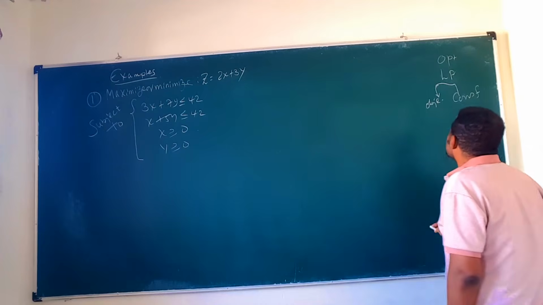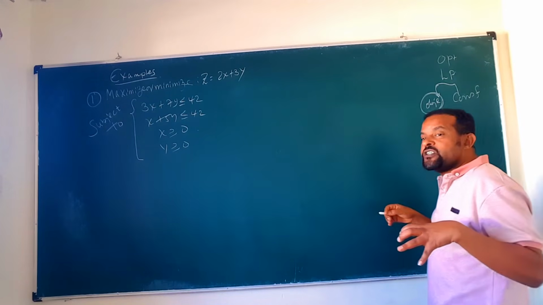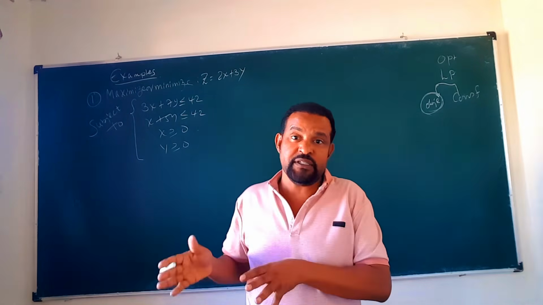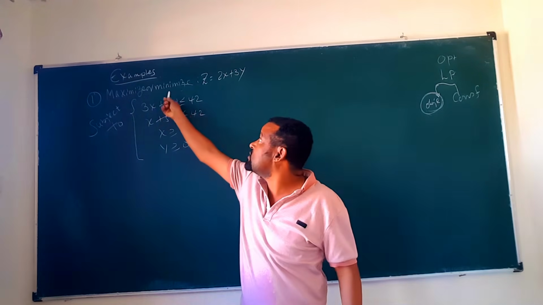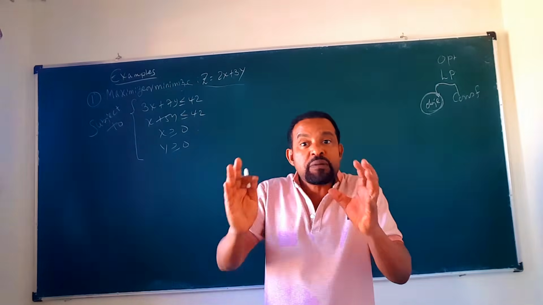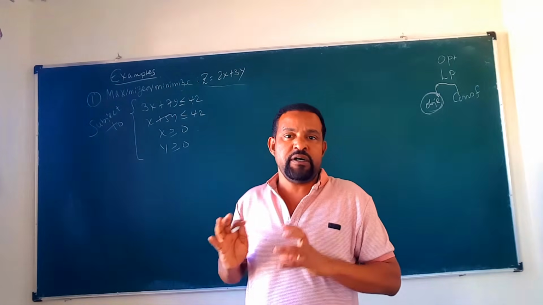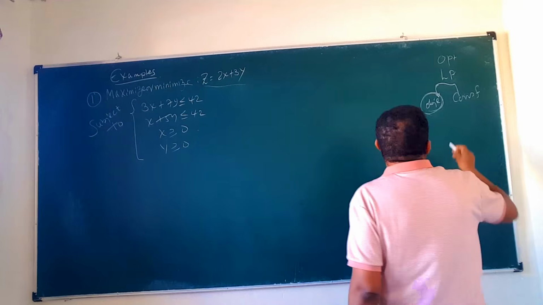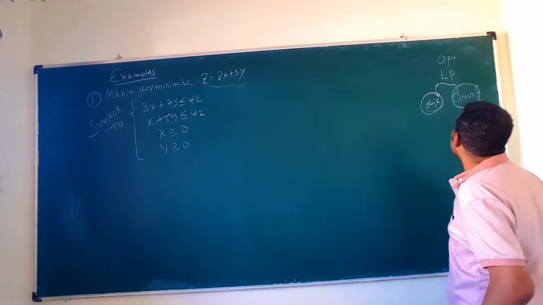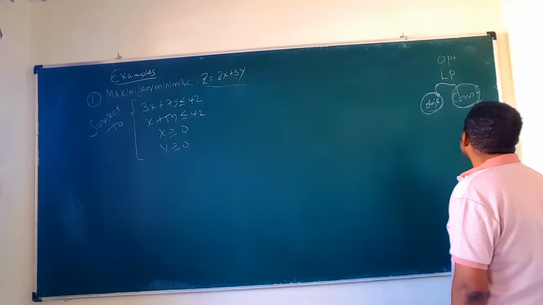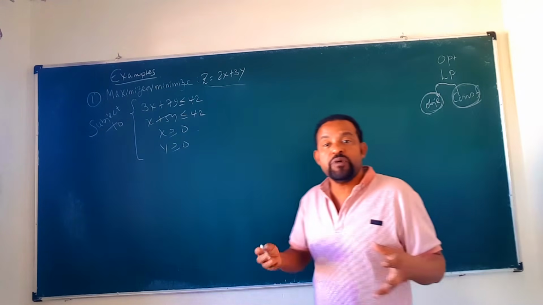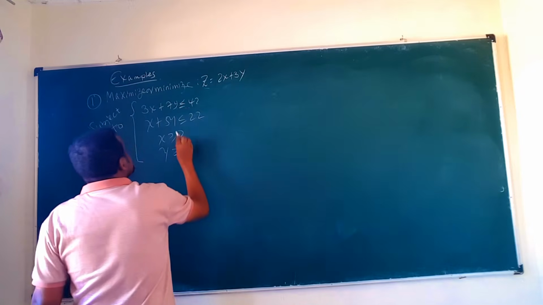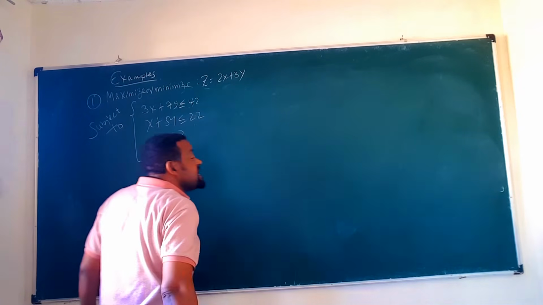The objective function is the function which is going to be either maximized or minimized. It is given to you as maximize or minimize Z. In a word problem, as in the furniture example we discussed earlier, we look for the value of Z. And the constraints are those linear inequalities which are going to be solved using graphical methods. Okay, so let's solve.